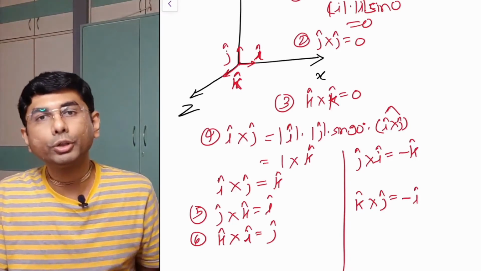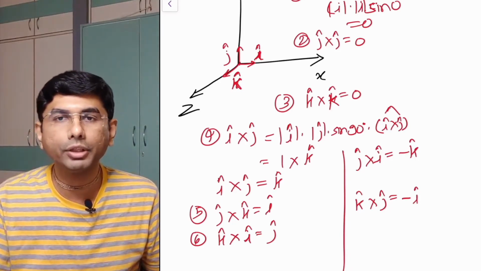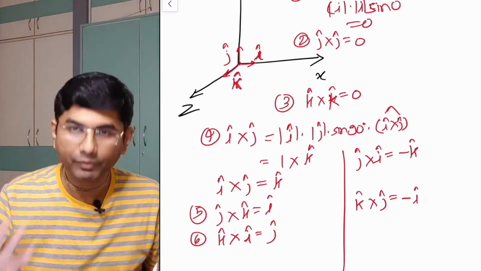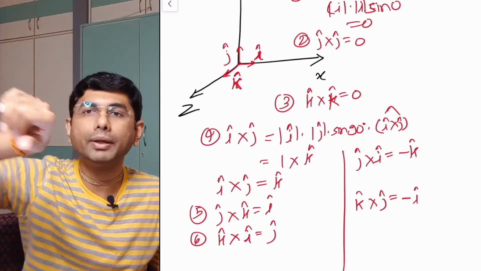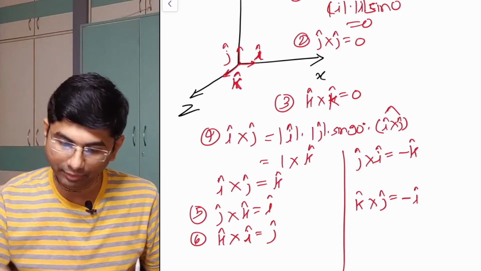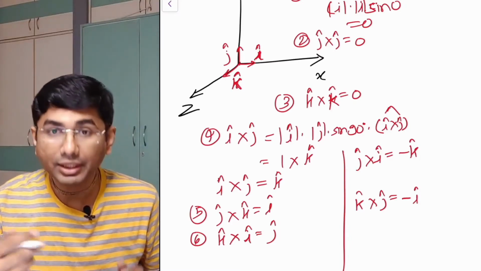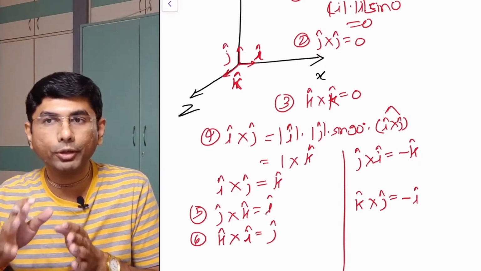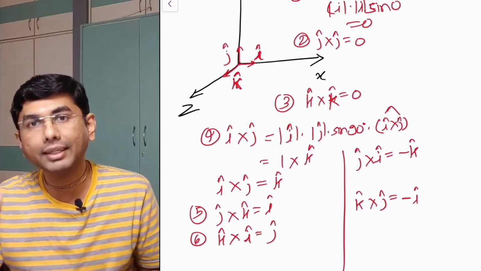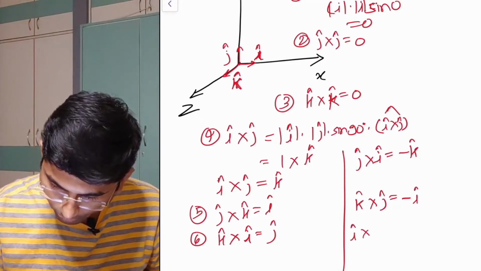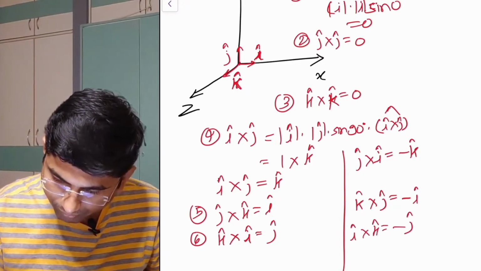You can also use the right hand thumb rule, which will give the same answers. From j to i, it's going in the negative z axis, that's why the direction is minus k. It does not obey the commutative law, so the answer will be negative because the direction is opposite. And i cross k will be minus j.